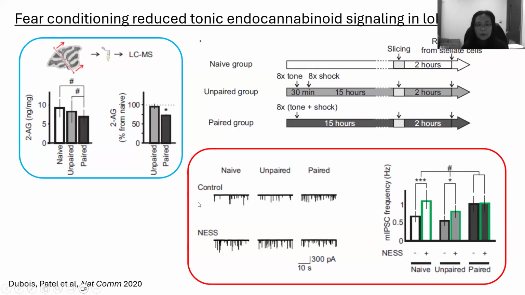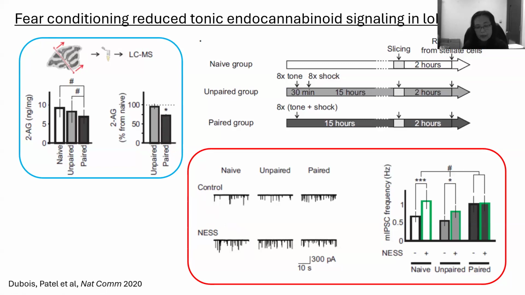So we voltage clamp stellate cells in the vermal lobule 5 and 6, and then measure the miniature IPSCs. Each of these downward deflections is an inhibitory current. Then we apply a CB1 endocannabinoid receptor antagonist, which is NESS.